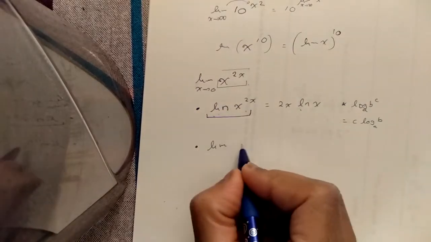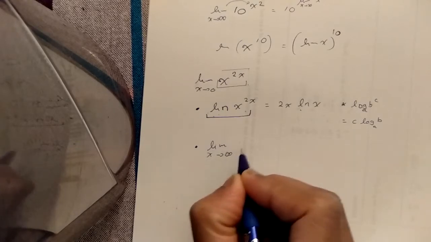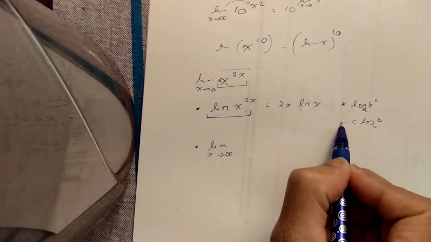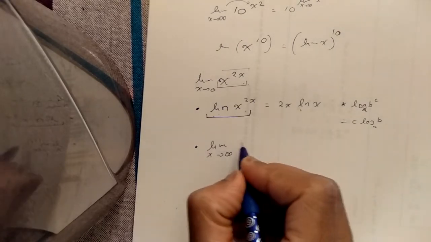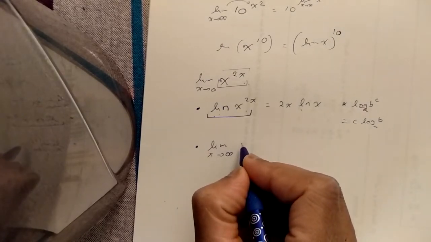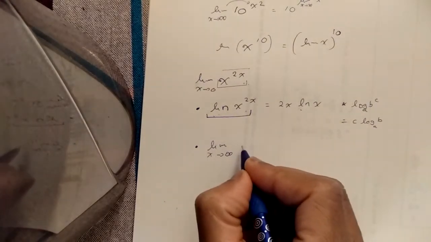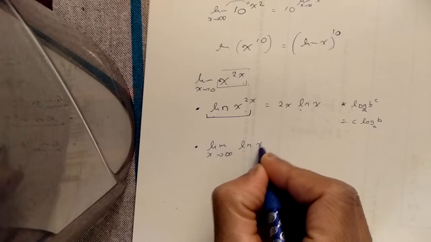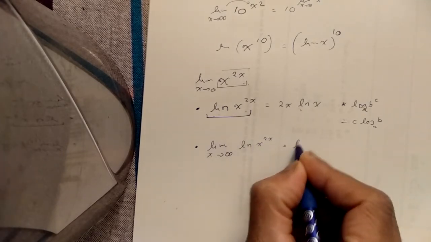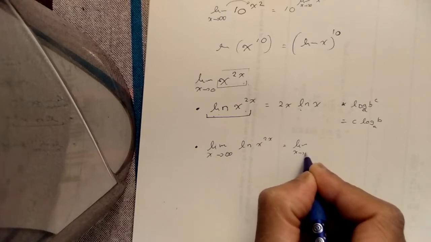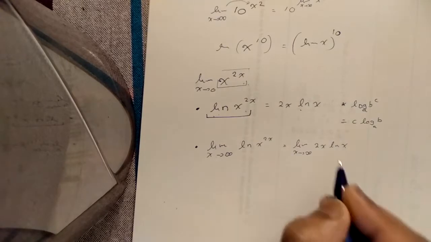Later on you will see how we can relate the answer of this one to the original required limit. So if we compute the limit of this logarithm term, it will be the limit of x goes to 0 of 2x ln x.